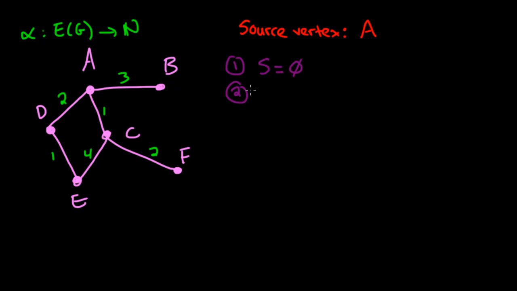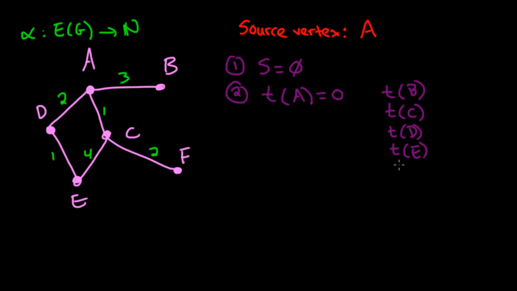Now step 2 is to take a look at our source vertex and give it a label, so the label of the source vertex is 0, whereas the labels for everything else are set to infinity.